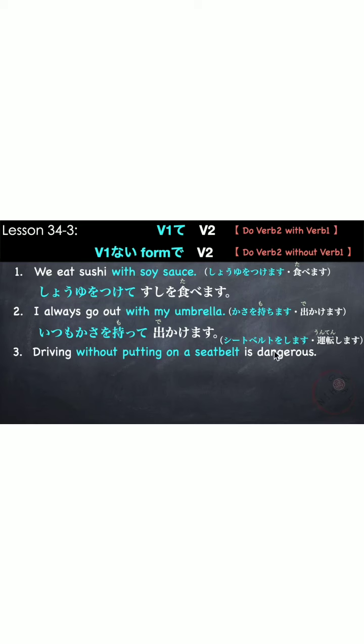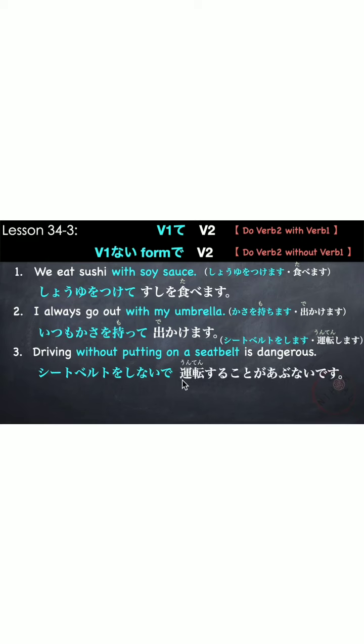So let's make this into our Japanese sentence. Again, we will make this into nai form. シートベルトをしないで. So します becomes しない, しないで. And then our verb to drive, we will make it into a noun.